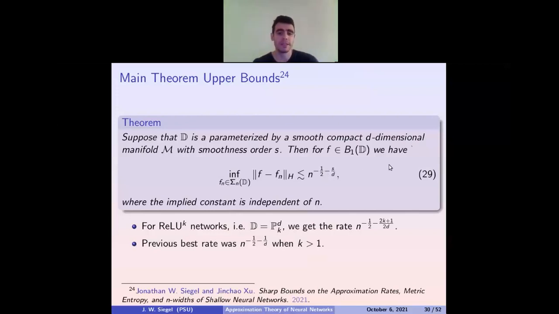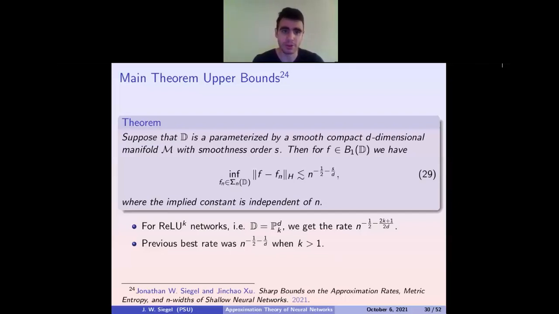So this improvement over the n to the -1/2 rate, an improvement of S over d, is available if the dictionary is d-dimensional and smooth to order S. And if you look at the dictionary PKD, which is smooth to order k plus 1/2, we get the rate n to the -1/2 minus (2k plus 1) over 2d, which matches and extends this Bach-Matousek result to higher values of k, and improves upon n to the -1/2 minus 1 over d for larger values of k.